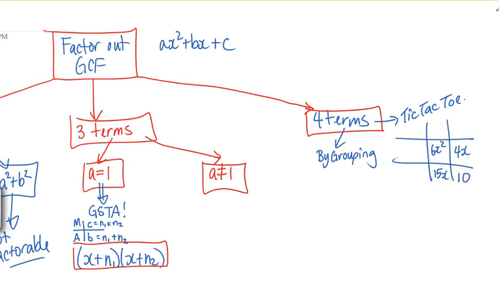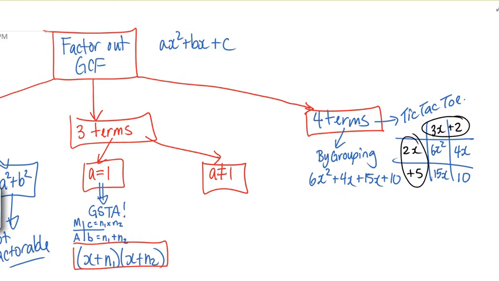What this question would look like, actually, if we were to do the grouping, we would start off like this: 6x squared plus 4x plus 15x plus 10. Okay, that's the equivalent for the by grouping. So with the tic-tac-toe, what are my GCFs? 3x, 2 plus 2, 2x here, and plus 5. So there's our answer to that.